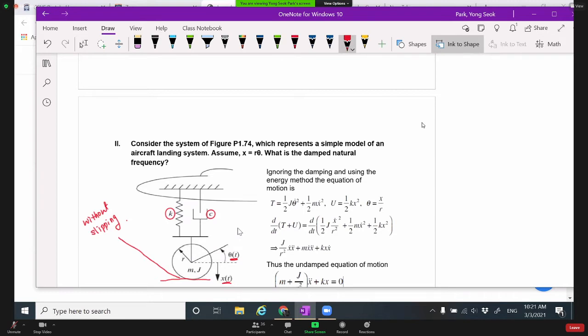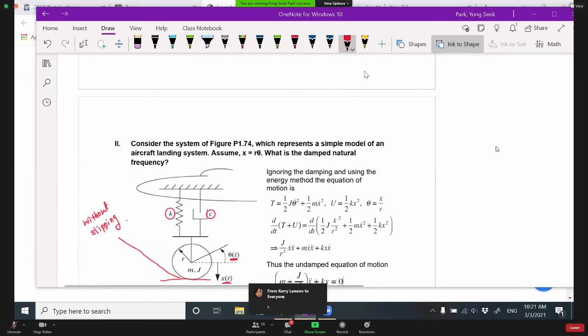What is the purpose of the suspension system? The suspension system is moving up and down. Up and down means do we need theta or do we need x?